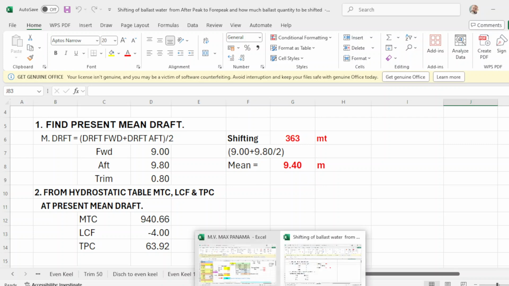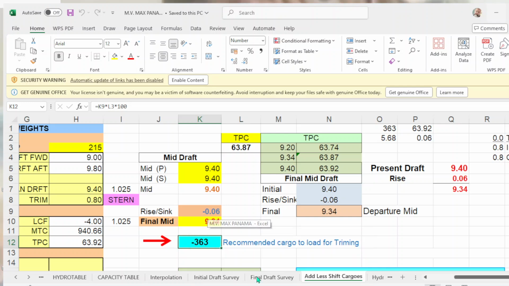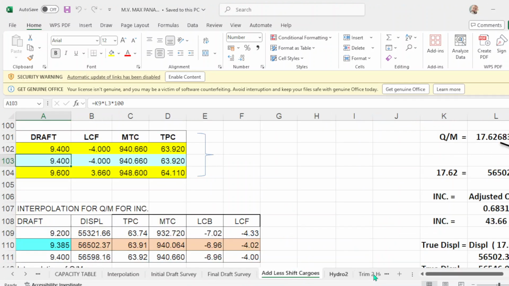So let's go to the program and to the hydrostatic table, and here is the draft of 9.40, the mean draft. The LCF is negative 40.